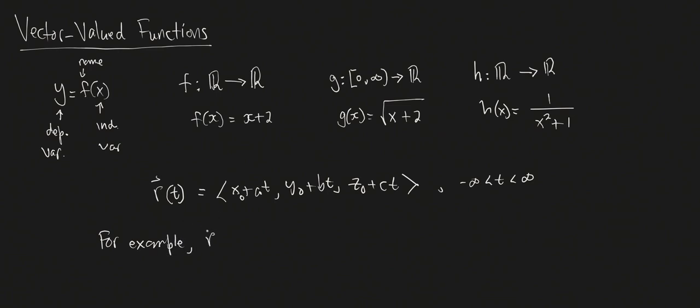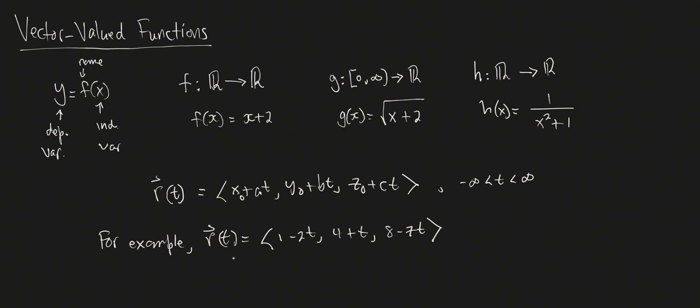let's say here is the vector equation of my line: 1 minus 2t, 4 plus t, 8 minus 7t, something like that.